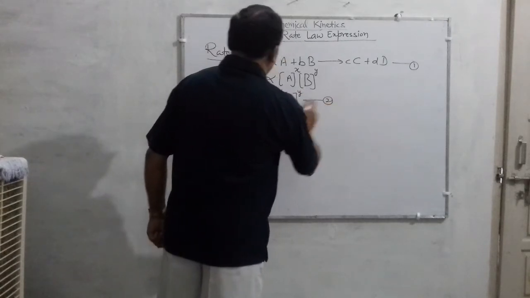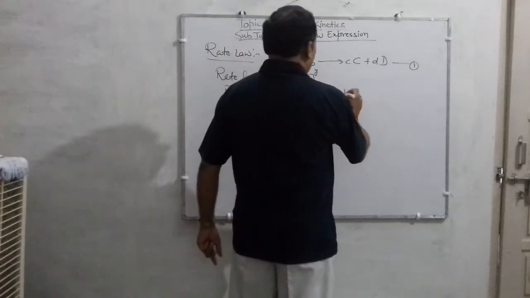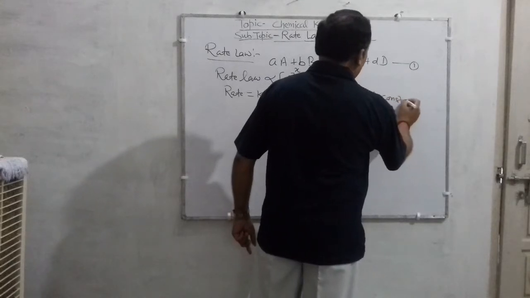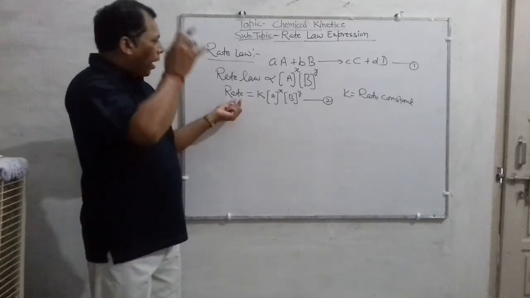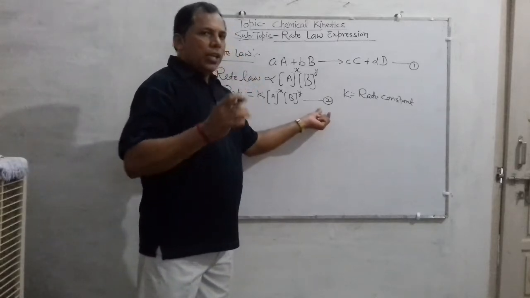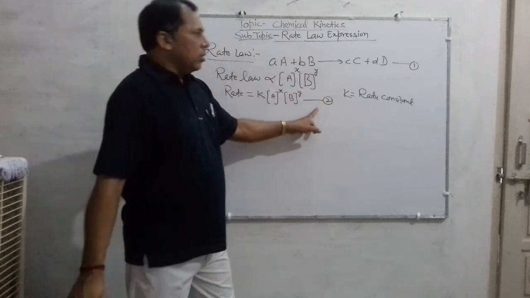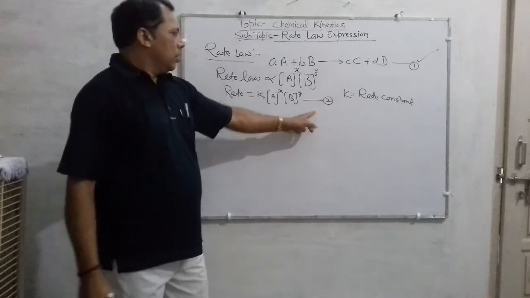Suppose this is equation 2, where this k is called rate constant. Equation 2 is the rate law or rate equation for the concerned reaction, equation 1.